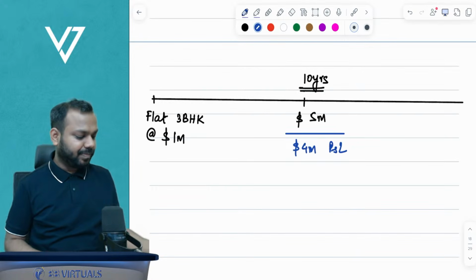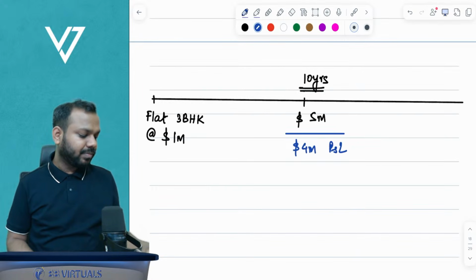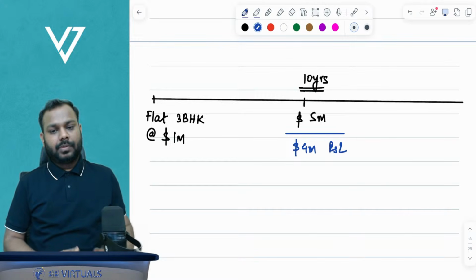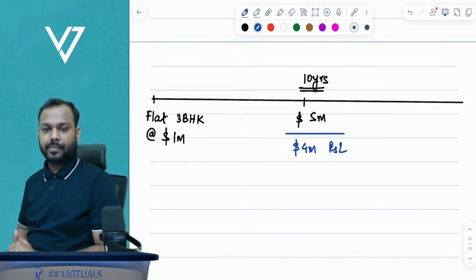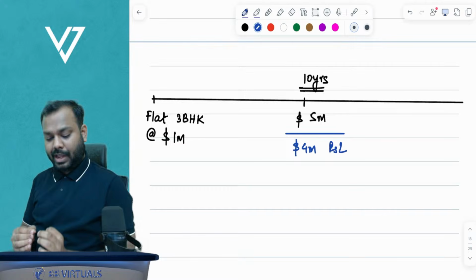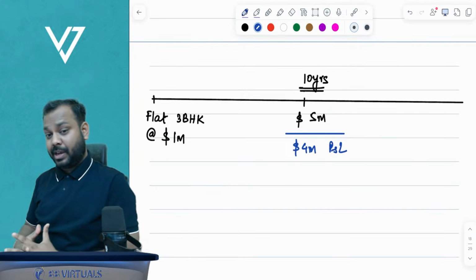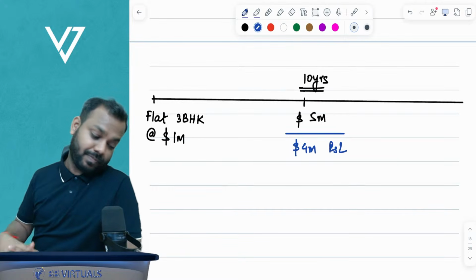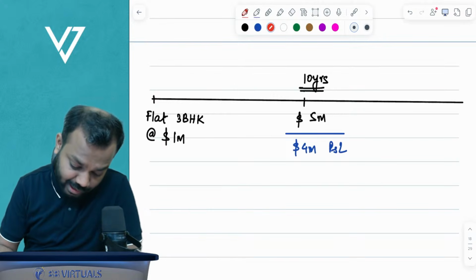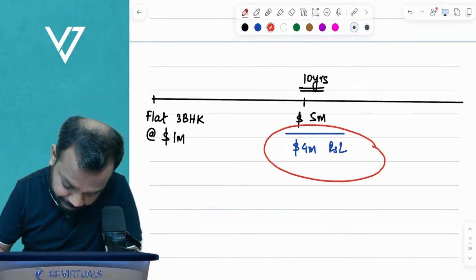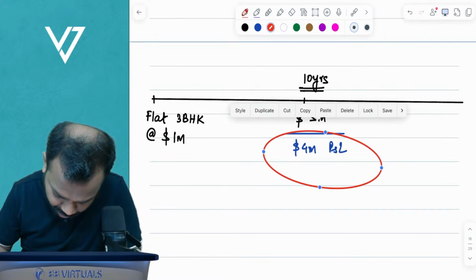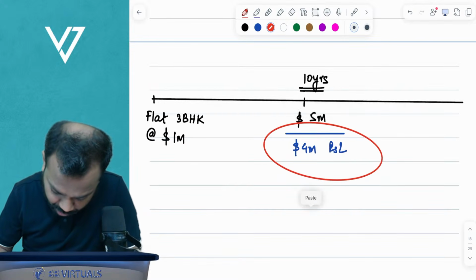Come on, guys, tell me, please. Will we recognize this gain of $4 million in P&L? No. The answer is no.